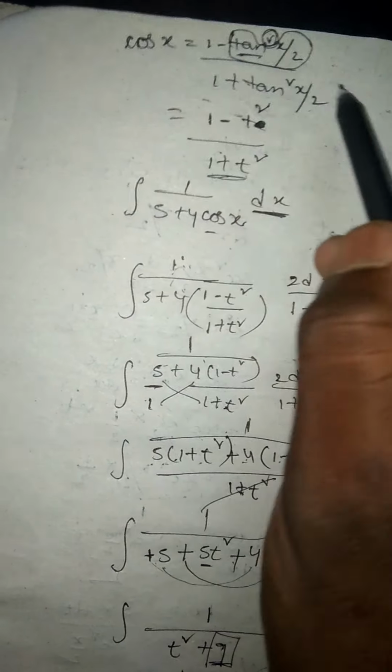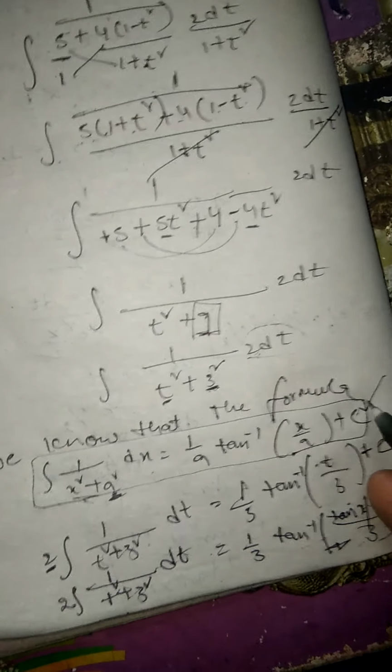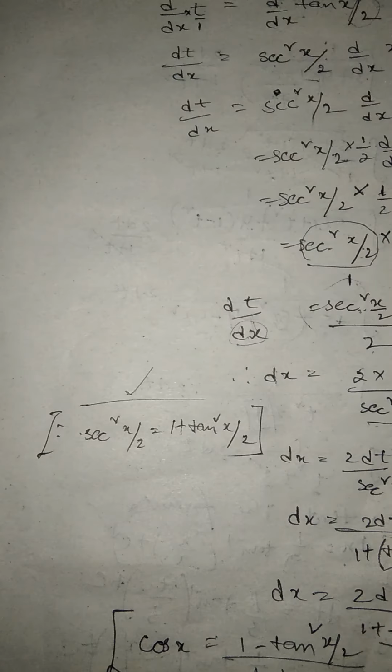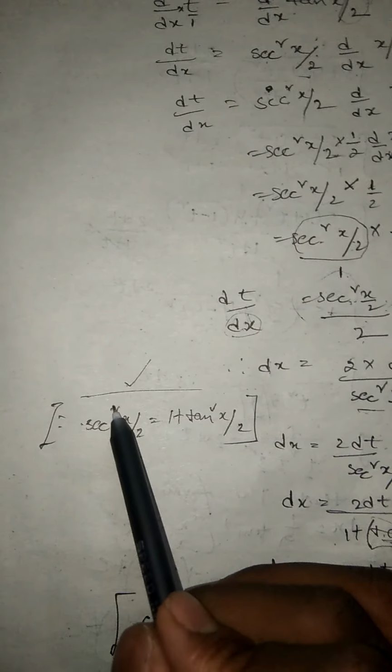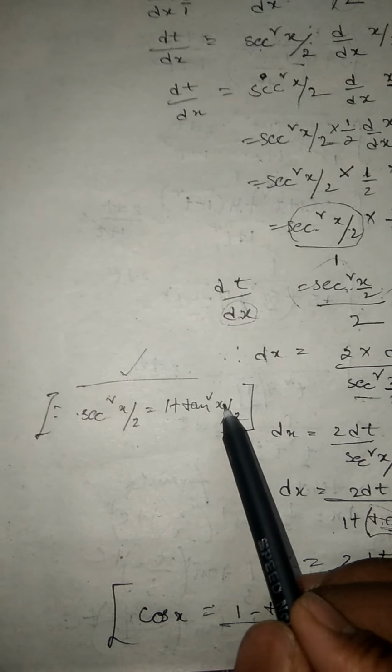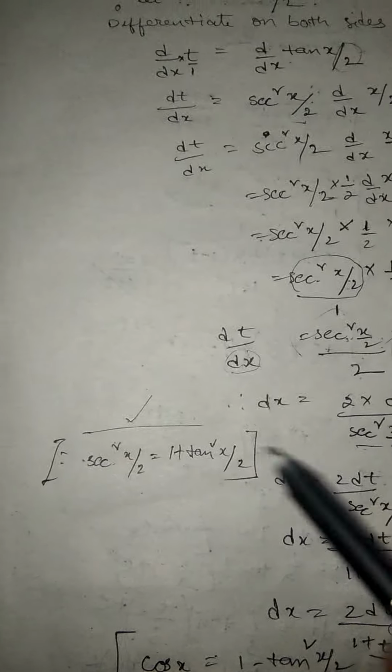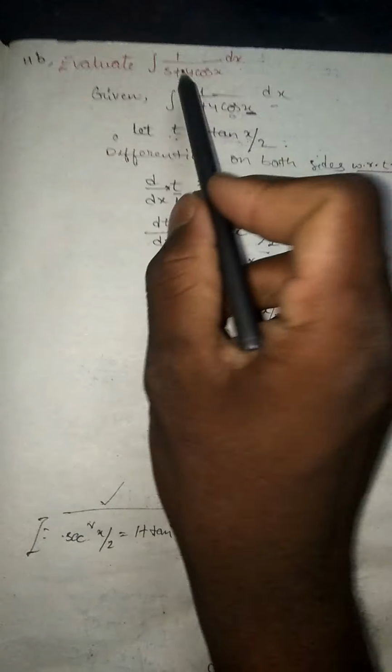This is also an important formula for this problem. These two formulas are very important. As well as this formula, secant square x by 2 is equals to 1 plus tan square x by 2. These three formulas are very important for doing this type of sums.